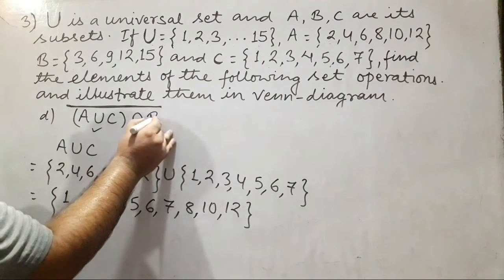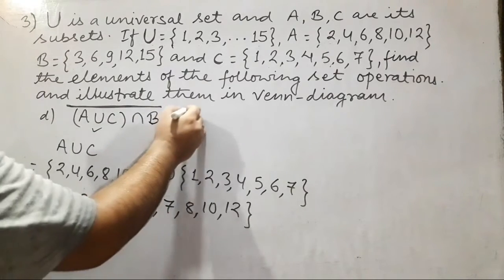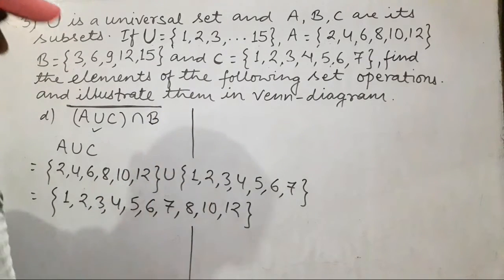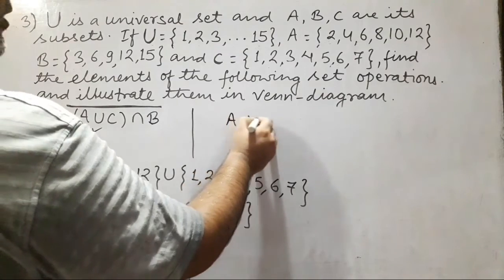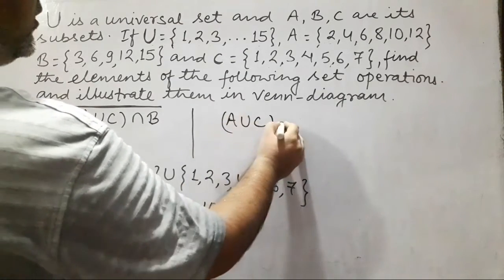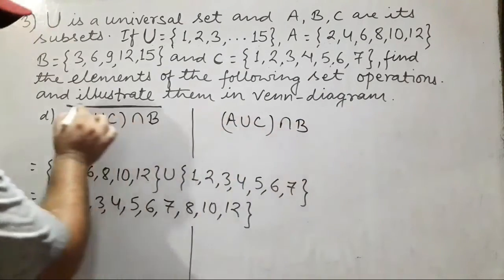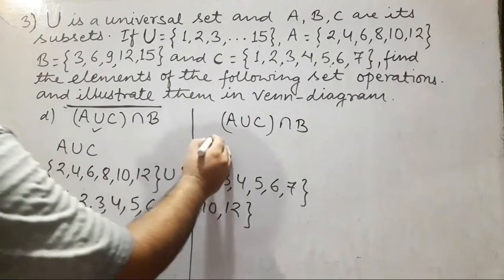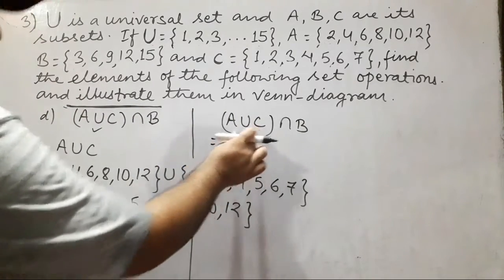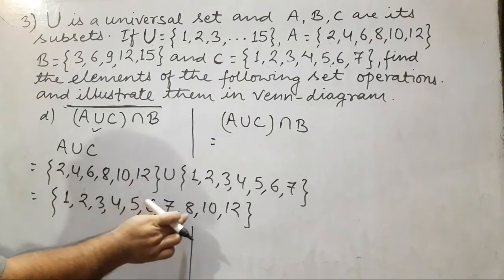Now intersection B. Let's find out A union C intersection B. This complement we shall perform at last. So A union C, we have got 1, 2, 3, 4, 5, 6, 7, 8, 10, 12.